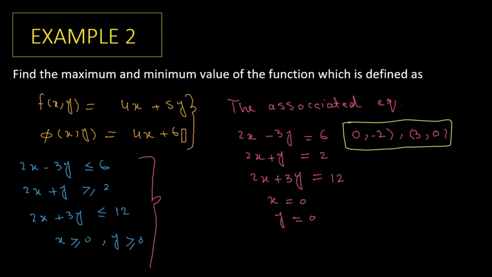Now the second one, you can see over here, for x is equal to 0, y is equal to 2. In a similar way, for y is equal to 0, x is equal to 1.